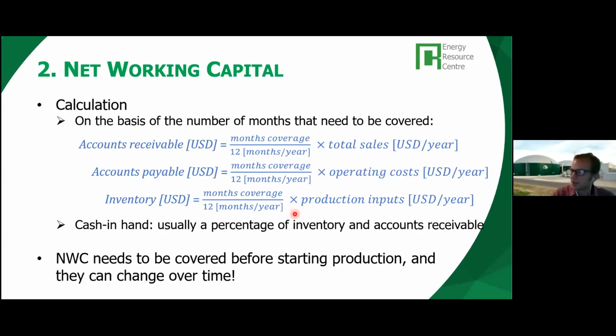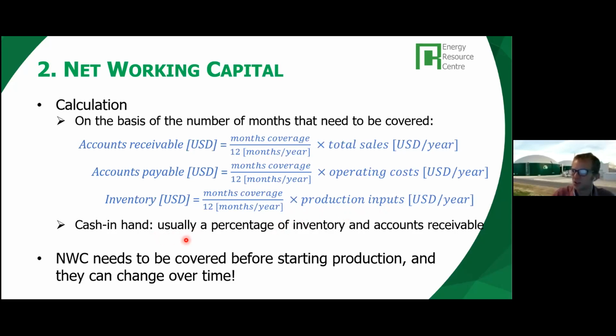And for the inventory, you look at the coverage of everything that you need as production inputs, the physical inputs that you have to have ready to start producing on day one.